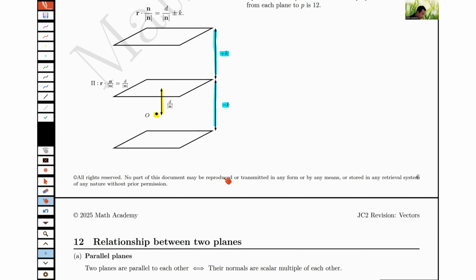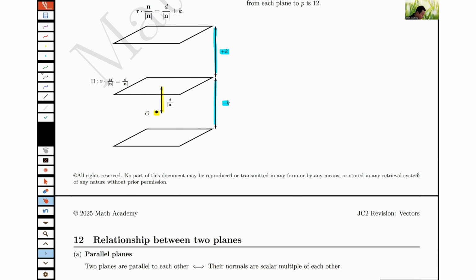Now the concept is, because these three planes are parallel, I can use the same normal vector. Parallel planes can use the same normal vector. So my top plane equation, how will it look? My left-hand side, no change. It will be R dot n over mod n. Let's go for scalar product form, but the normal vector I use is the same.